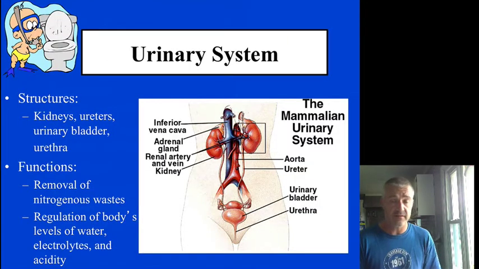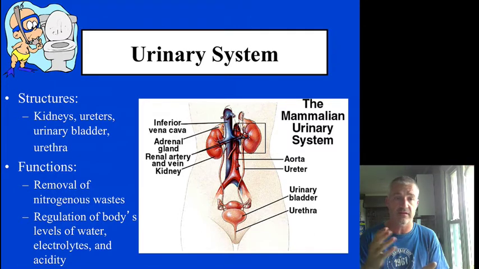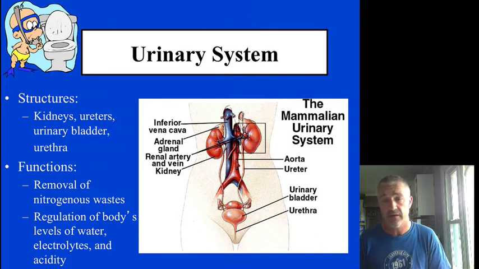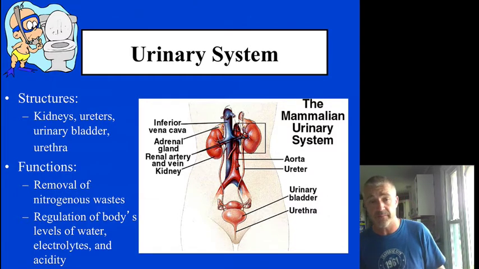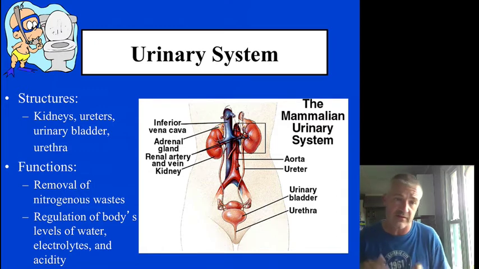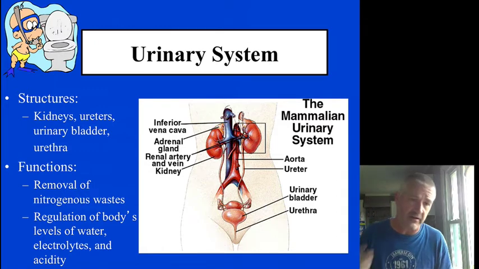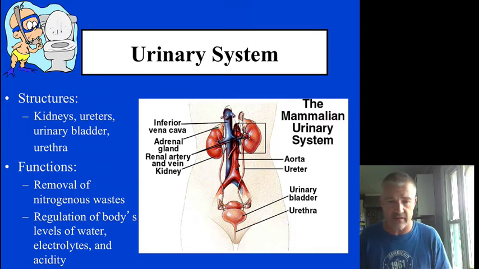The urinary system is the kidneys, the ureters, the bladder, and the urethra. This is going to be removing nitrogenous waste products from the bloodstream. The kidneys are really doing this. The ureters, urinary bladder, and urethra are tubes and storage tanks that are moving this out of the body.